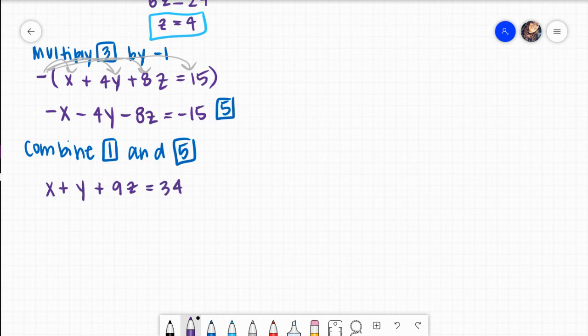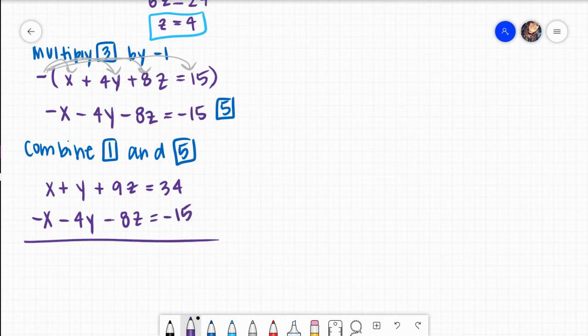My equation 5 is what I just solved, which is negative x, negative 4y, negative 8z equals a negative 15. Combined, just draw a line underneath them. Your like terms should already be lined up, and you're literally just going to do that math right there.